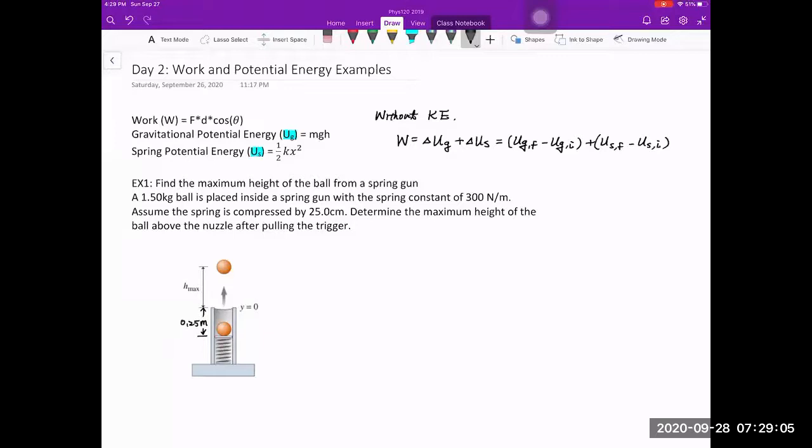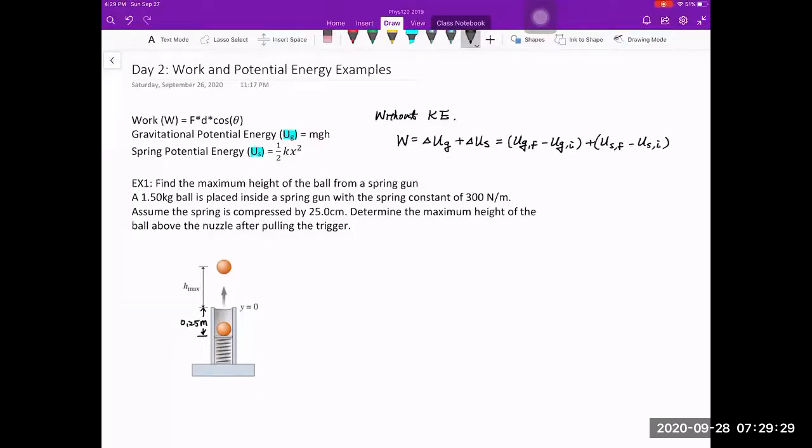So 0.25 is like a pre-compressed distance. We want to use the idea of work and potential energy theory to find the maximum height the ball can fly up to, away from the spring gun, which is away from the 0 position.